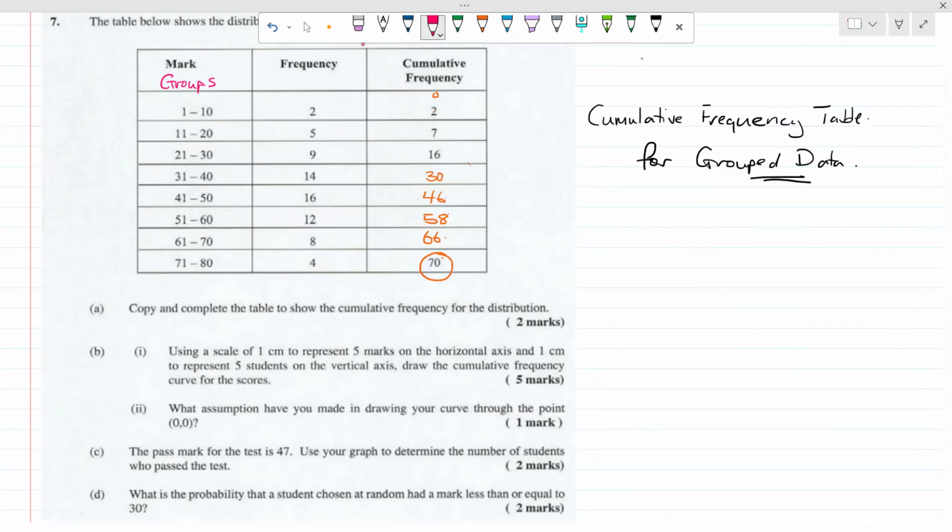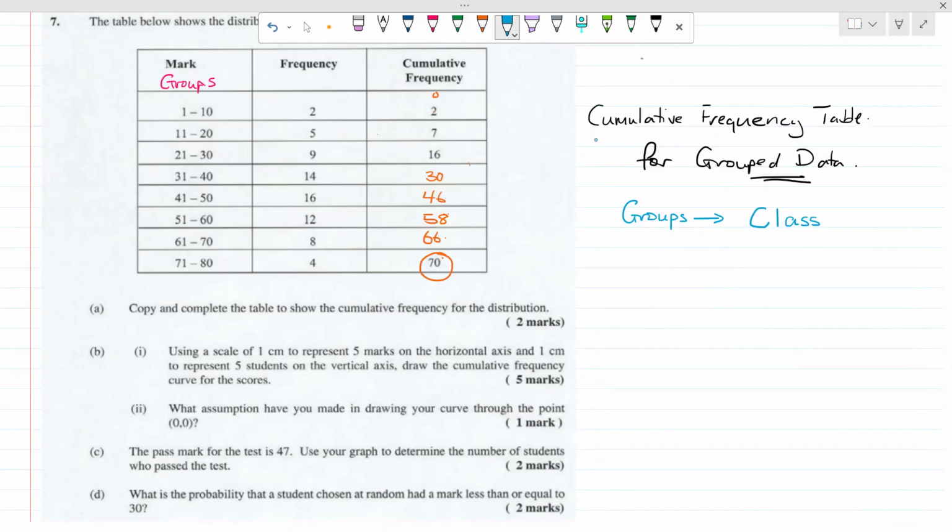There's a special name for these groups. It starts with C. Anybody know what's the name? Classes, or class, right? So these are different classes.